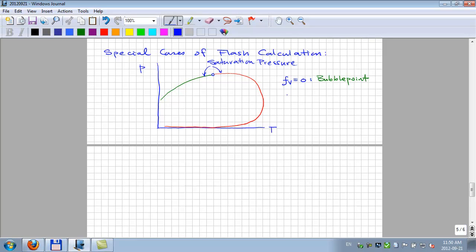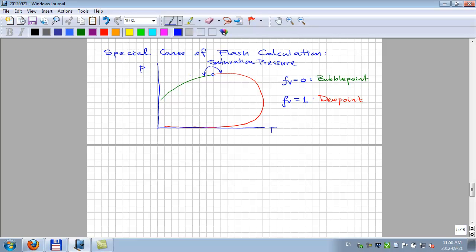And if we solve for the case where this is equal to 1, then that's going to be any of those dew points. And then the calculation changes a little bit because we're not searching for F of V, we're specifying F of V, we're searching for the pressure where a particular F of V is achieved.